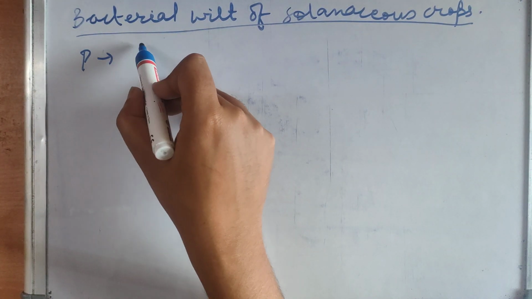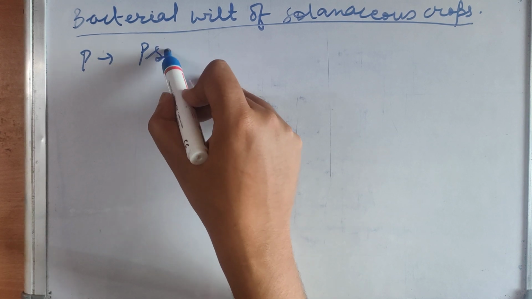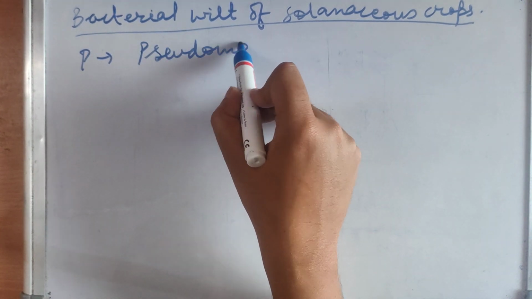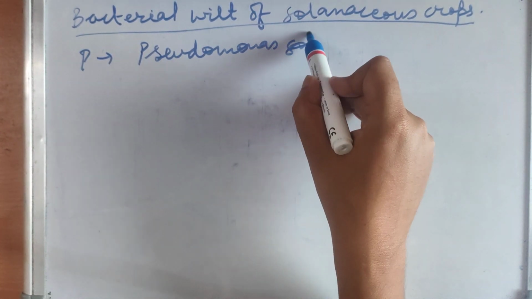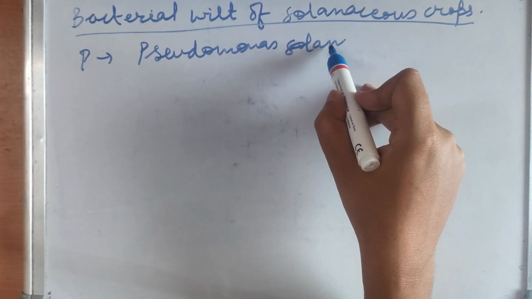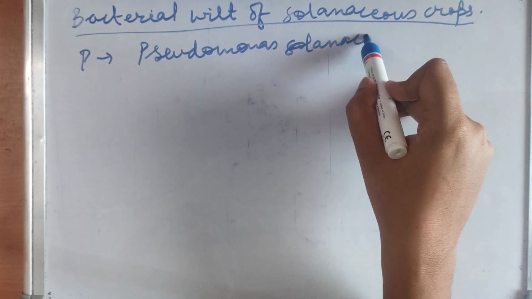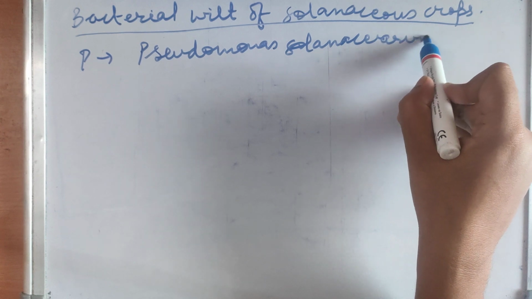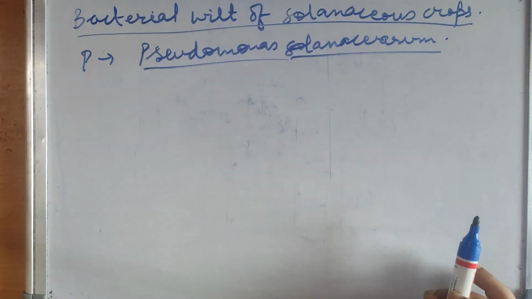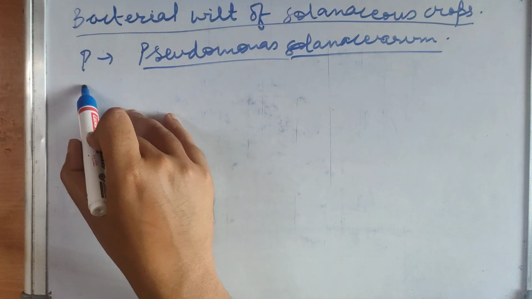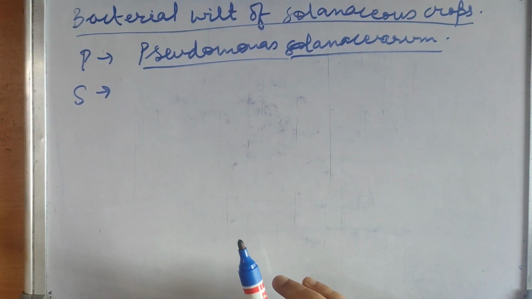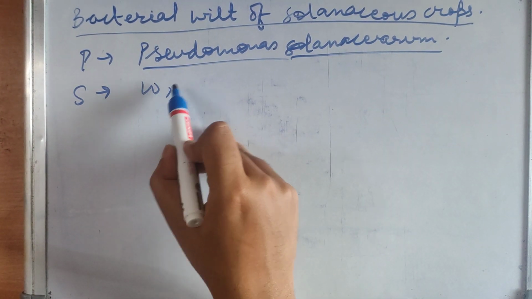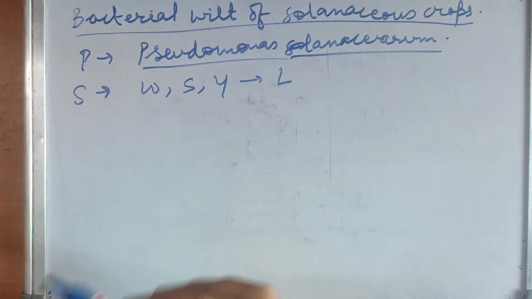Its pathogen is Pseudomonas solanacearum. Now what are its symptoms? You will observe wilting, stunting, and yellowing of leaf.